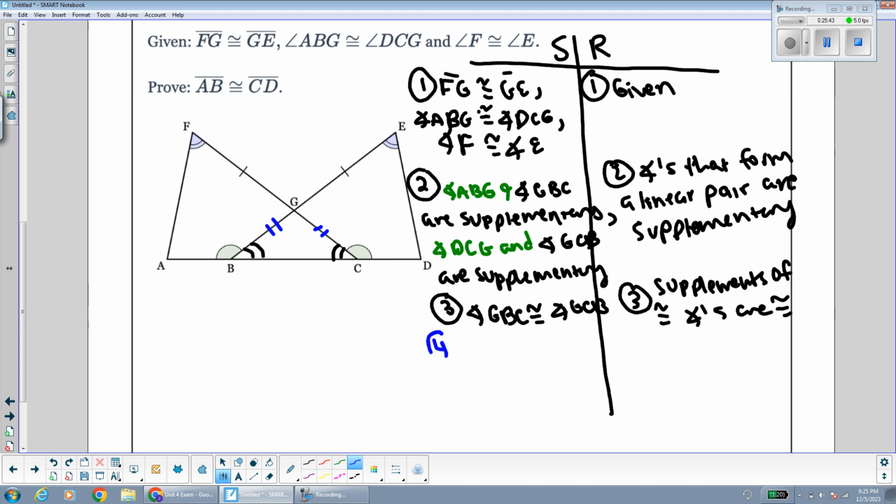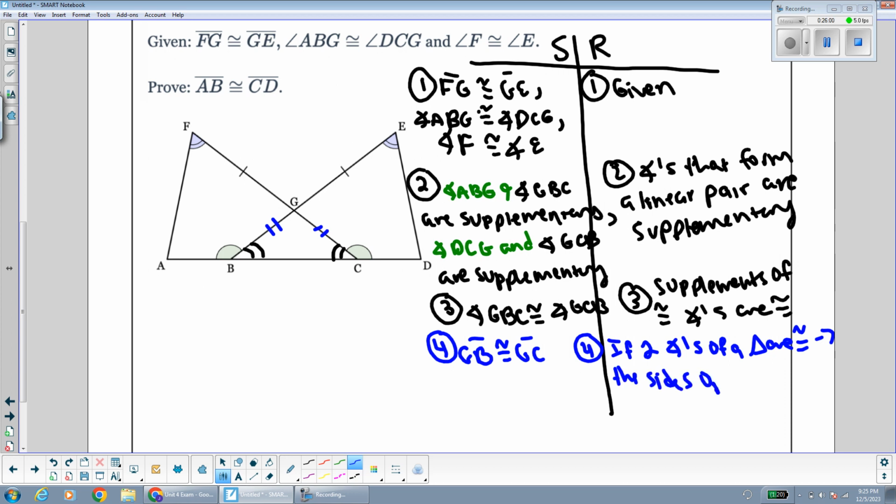That's converse of the base angle theorem. If two angles of a triangle are congruent, then the sides opposite are congruent.